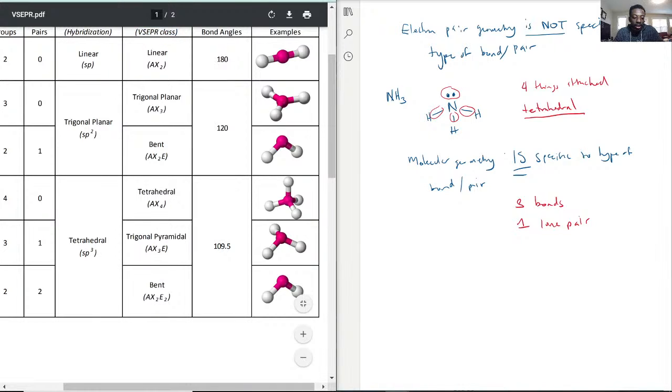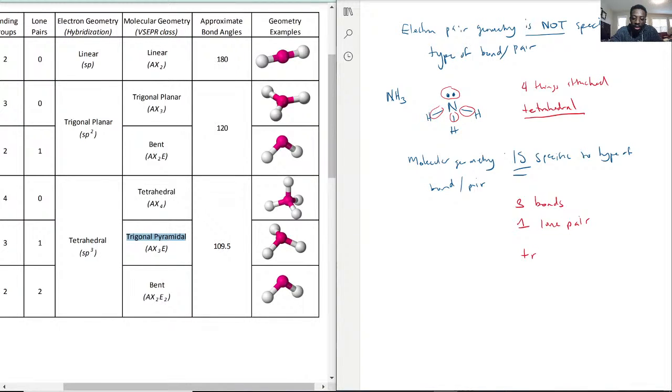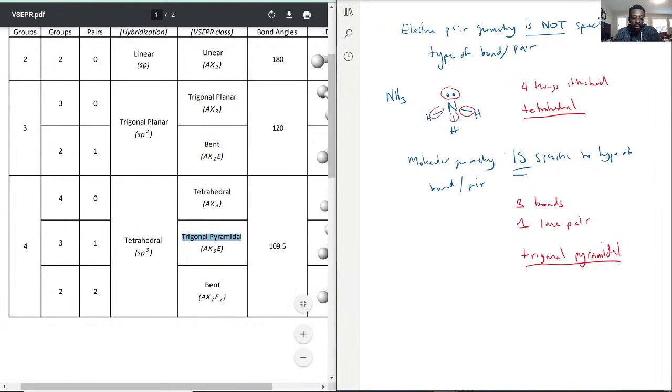That would be this one specifically, because it has one lone pair. So this type of tetrahedral is trigonal pyramidal.